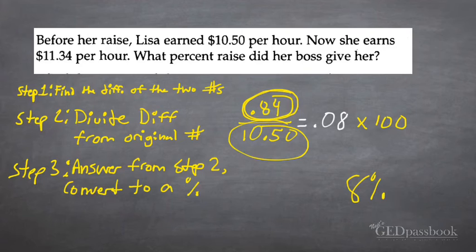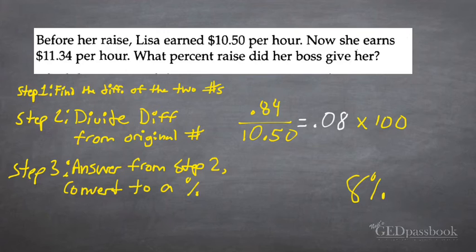So the difference divided by 1050, and your answer from that is 0.08. And then again, once you have that answer from step number 2, you either move the decimal to the right 2 places, and 2 places always, or times by 100. And then whatever answer you get from either of those 2 methods, slap a percent on it.